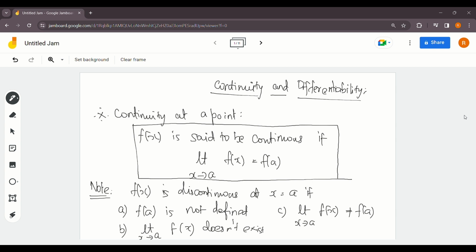Now in this session, we are going to see the concept of continuity and differentiability. So now let us discuss the concept of continuity. Before we discuss, it is a very surprising chapter in that it is the base for the rest of the calculus to come, and it carries very little weightage, only 4 to 5 marks.